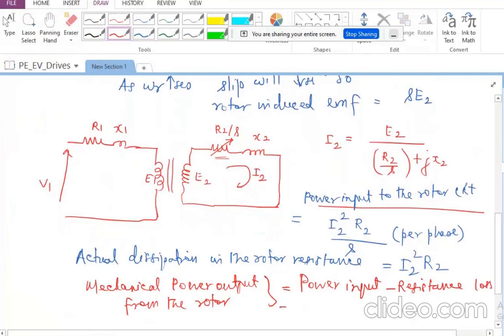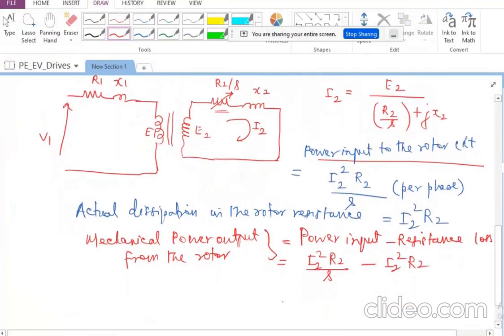So that should be equal to I2 square R2 divided by S minus I2 square R2. So I can write this as I2 square R2 multiplied by 1 minus S divided by S. So this is per phase mechanical power output.